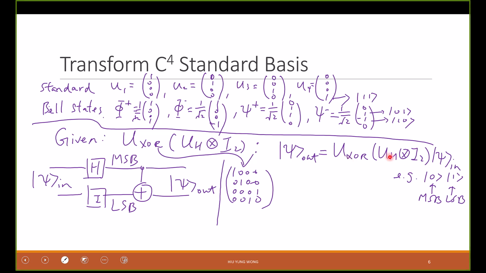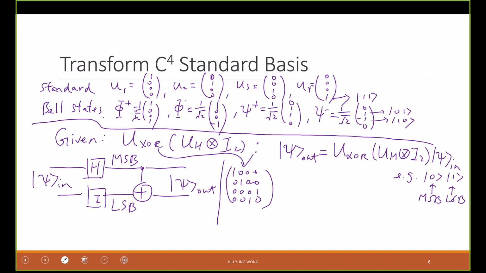Same here. Matrix is from right to left. Circuit is from left to right. I think we have the same direction.